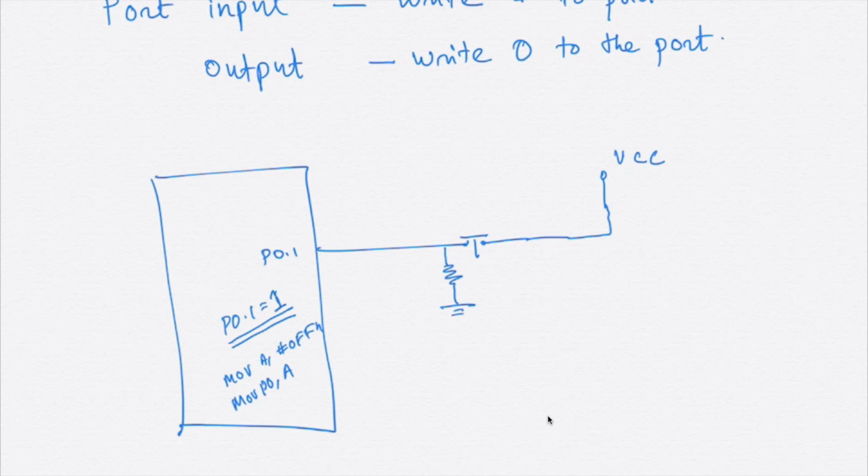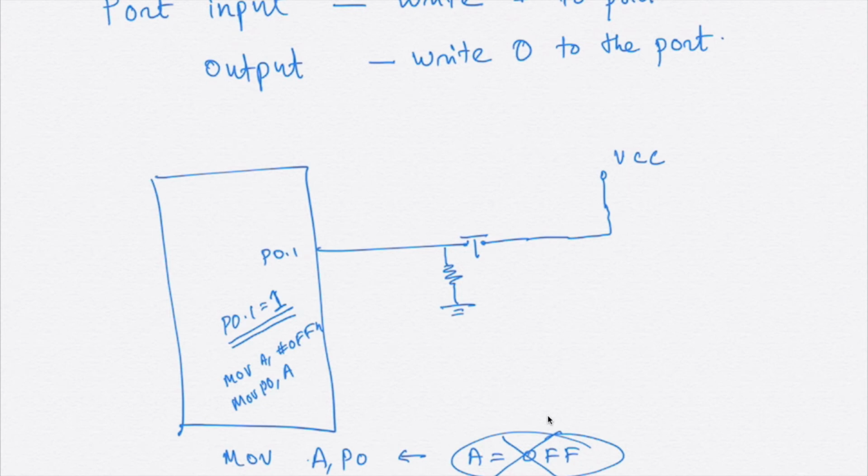That is what these two instructions do. However, when you next write MOV A, P0, you don't expect we will be getting A as 0FFH. We will not be getting A as 0FFH because this will be reading the port pins. There are so many pins like this: 0.0, 0.1, 0.2, like this.